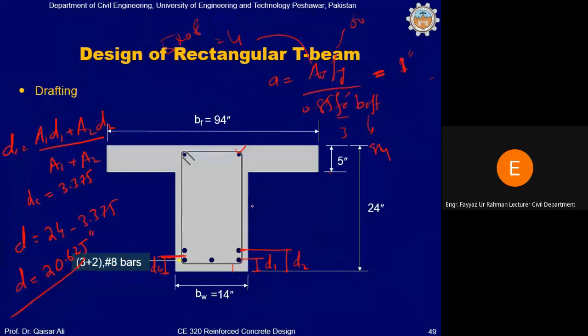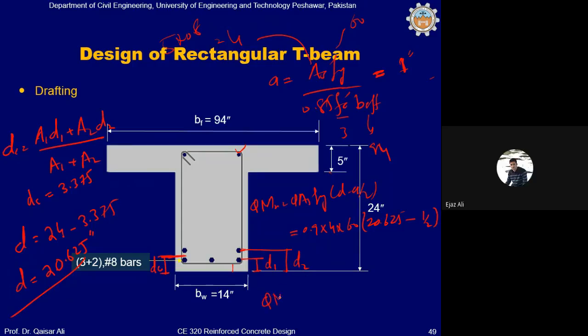So now using this equation, phi Mn is equal to phi As Fy into d minus a by 2. You can calculate the actual flexure capacity. So 0.9 multiplied by 4 multiplied by 60, d is 20.625 minus a by 2, which is 1 by 2. Clear? ये जरा कैलकुलेट करें शाबाश. 4347. 4347 inch kips.